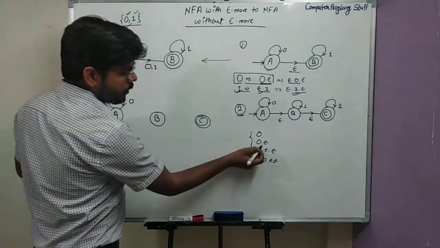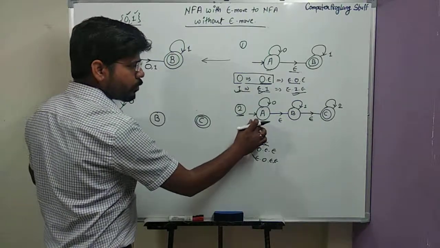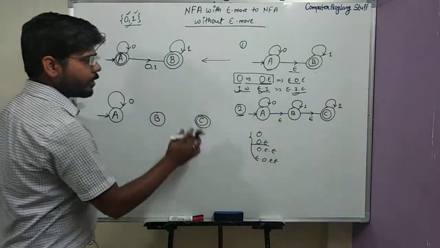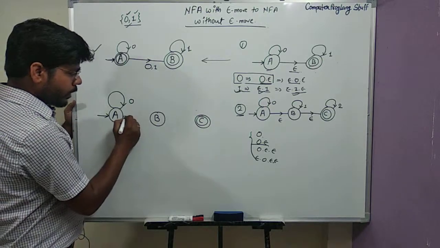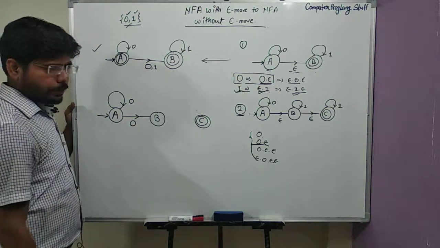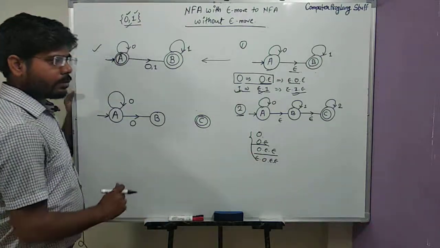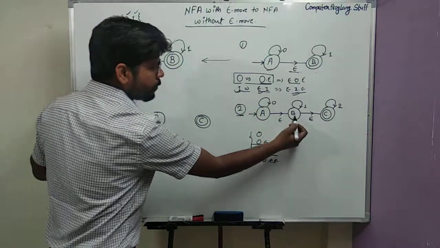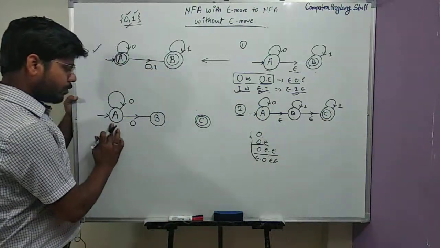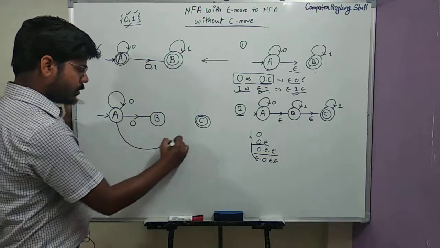Now if we see this case, after making the 0 transition you can also move from A to B. So you can also make a transition from A to B with 0. And if you see the third case, 0 epsilon epsilon, from A to C you can also make a transition for 0.